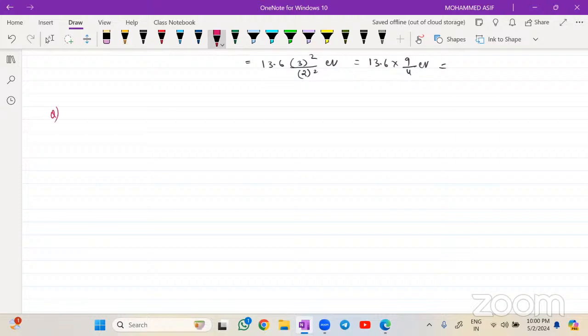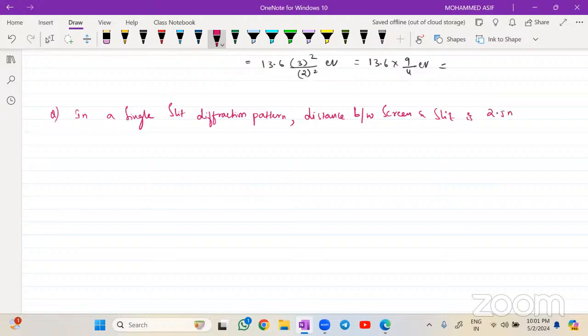Next question, tell me this answer too. I'm giving a YDSC question on single slit diffraction. In a single slit diffraction pattern, distance between screen and slit is 2.5 meter and slit width is 0.25 mm.